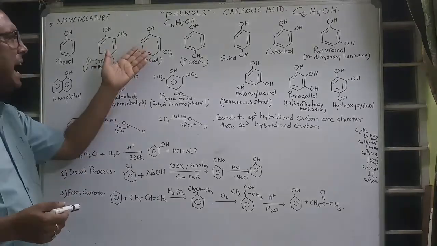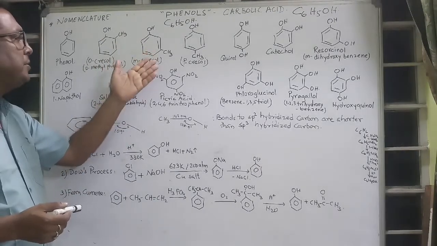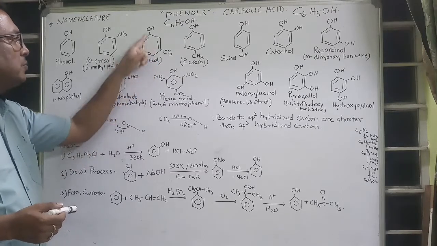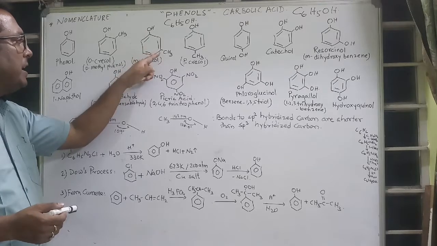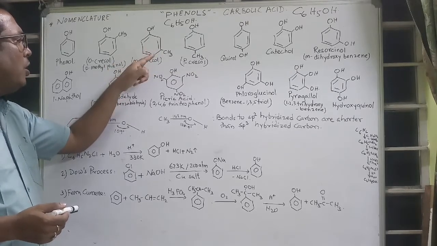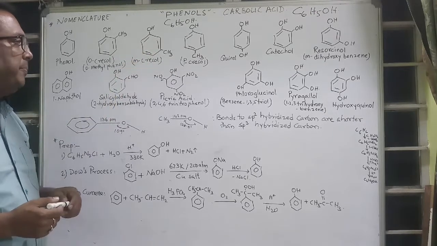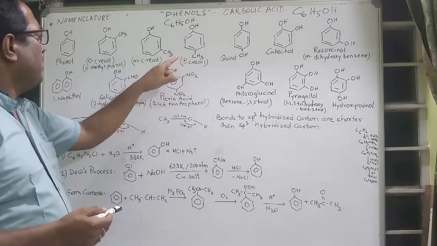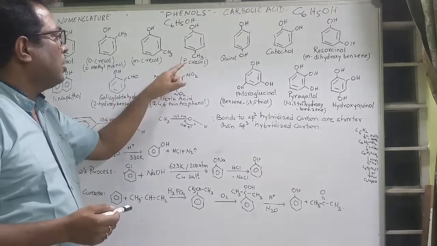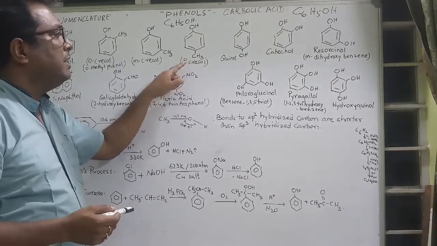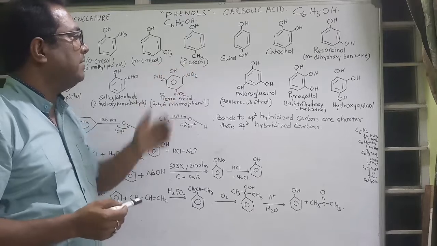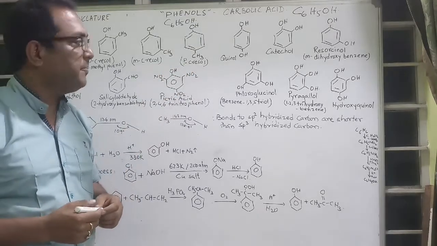We can also have m-cresol, which in the IUPAC system is 3-methylphenol, or m-methylphenol. Similarly, we can write 4-methylphenol or para-methylphenol. In the common name, we have it as para-cresol.